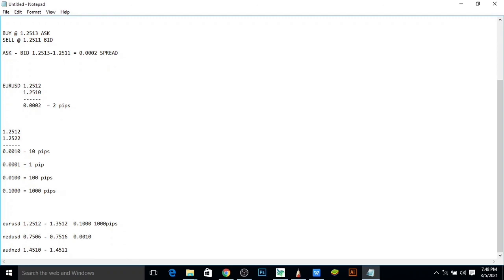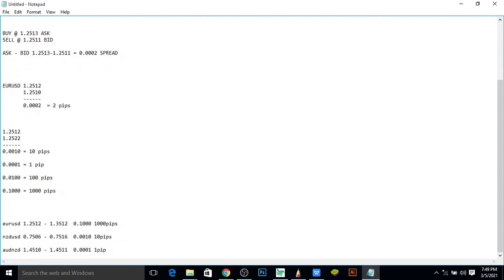So that's a change by, you are right, if you guessed it is 10 pips, right? Now Aussie Kiwi, the price moved from 1.4510 to 1.4511. If you do your subtraction, you are going to have 0.0001, which is going to give you 1 pip, right? So that is basically it.